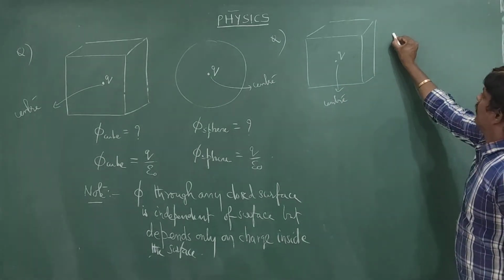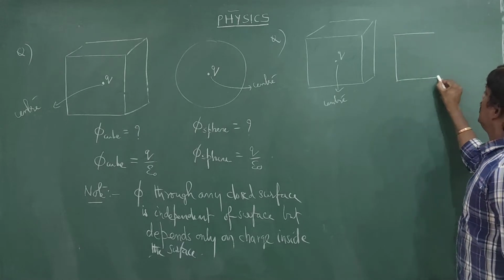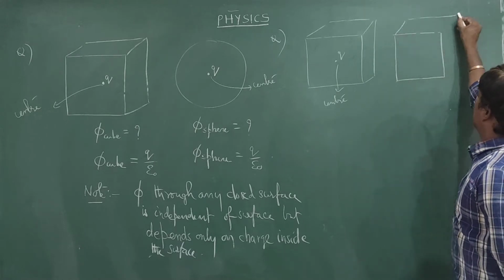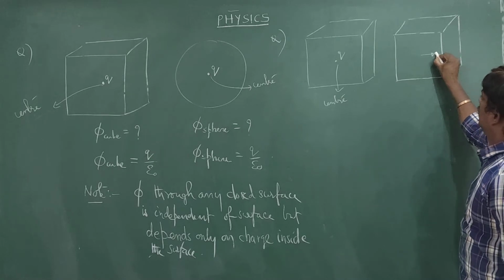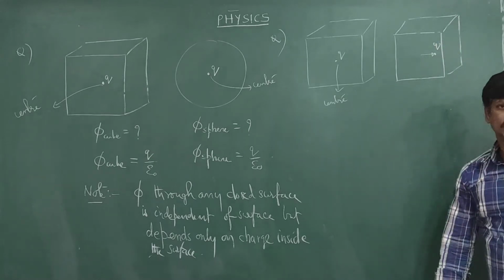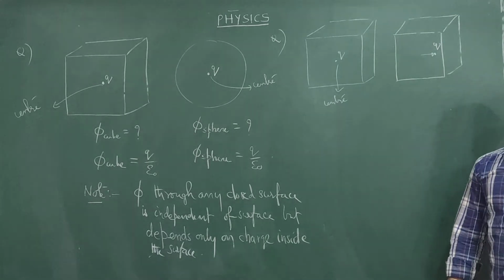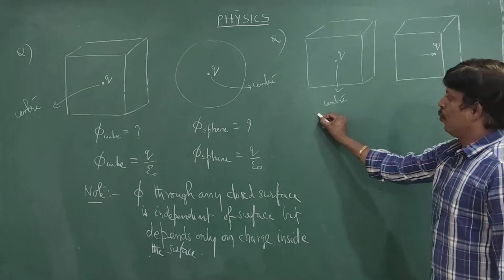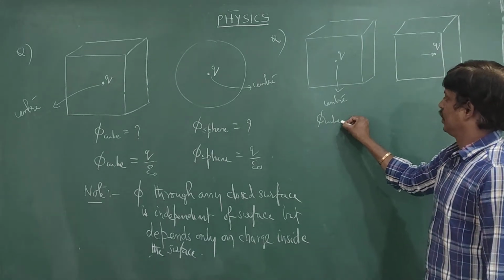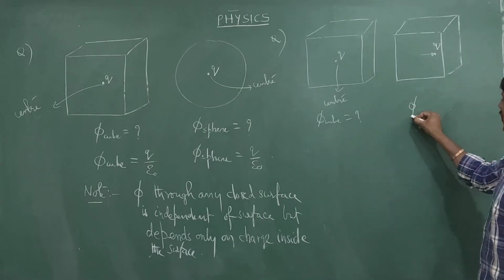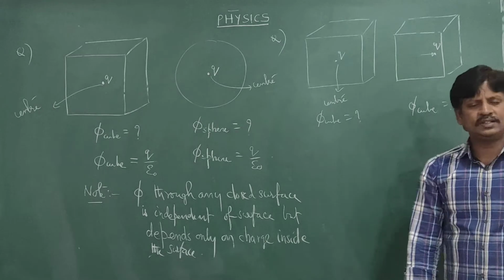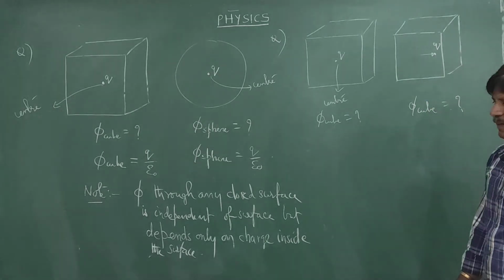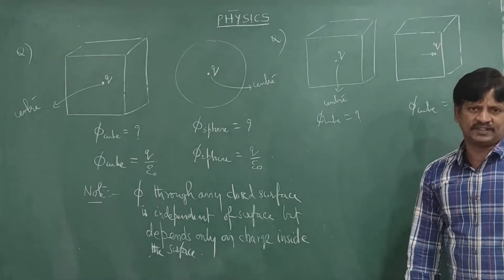Now the charge is displaced slightly, from here to here. Displaced a little bit. My question is, what is the flux through this cube and what is the flux through this cube? In both cases, is the flux same or is it not same?